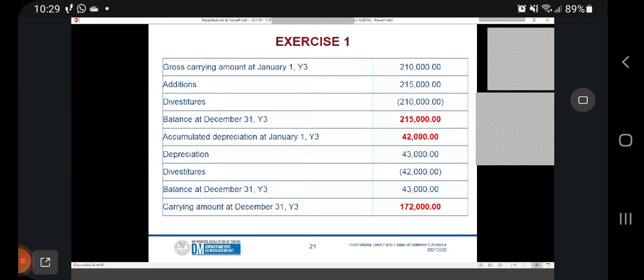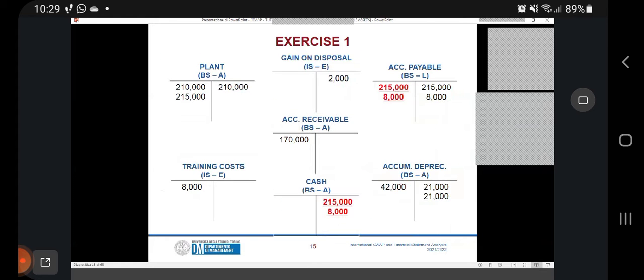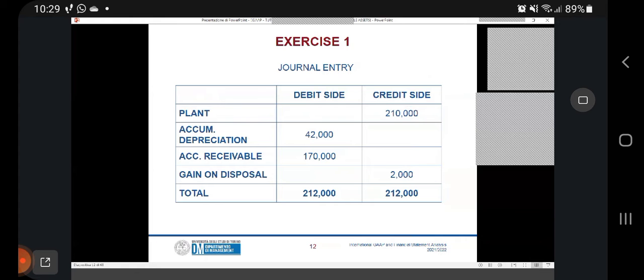Okay, so you have to consider, first of all, the historical cost that you get at the 31st December year 2, 210, right? The company acquired the new plant for 215. We are considering just the historical cost. But moreover, since the company sold the asset, we have to reduce the plant by 210.